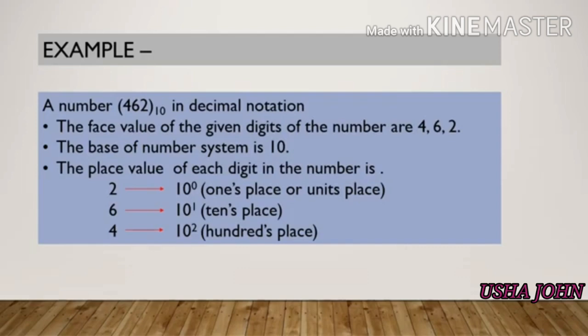The place value of each digit in the number: 2 is 10 power 0, that is 1's place. 6 is 10 power 1, that is 10's place. 4 is 10 power 2, that is 100's place. Do you understand this? The face values are 462 and the base is 10.